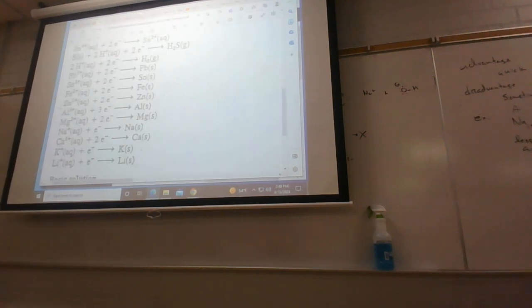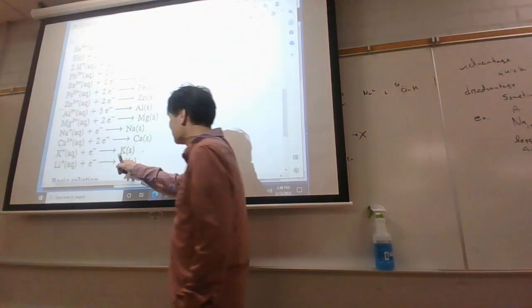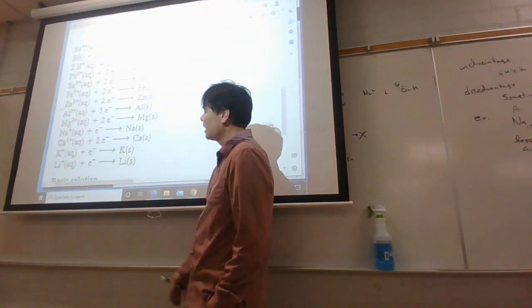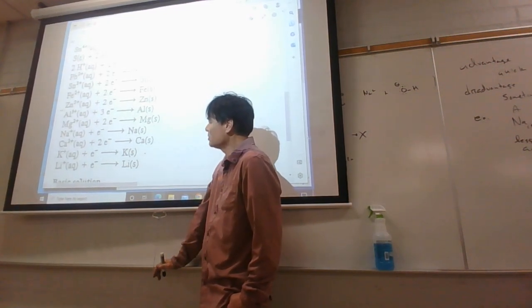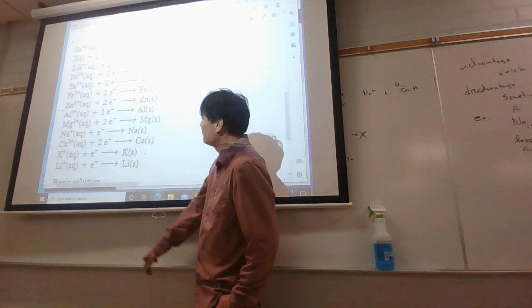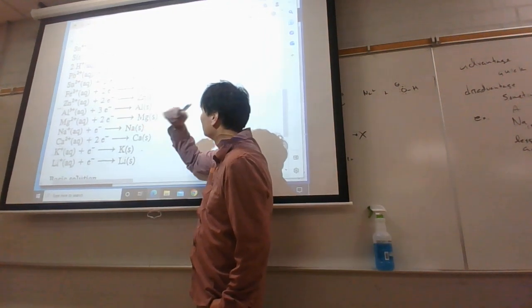So what we have here is an upside down activity series. At the top of the activity series is lithium. And so the activity series is just the strength of the reducing agent.